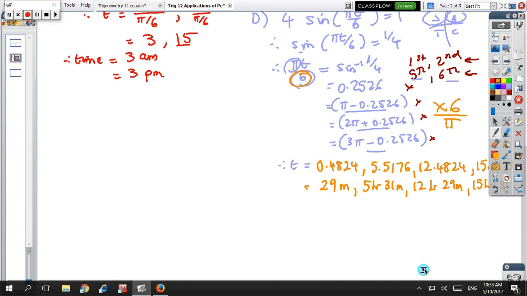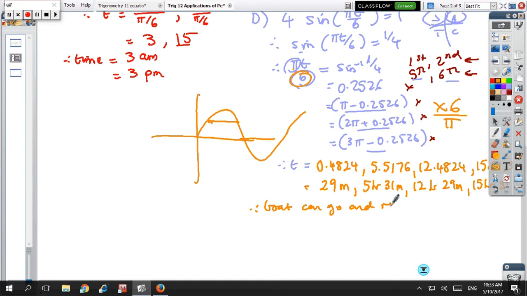And again, knowing that the sine wave is like that, it's going to be above 1 in between the times. So therefore the boat can go and return between these two times and these two times.